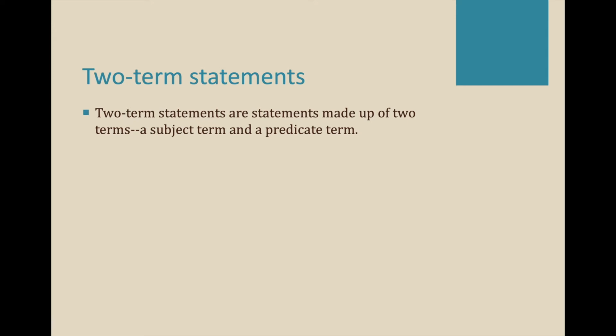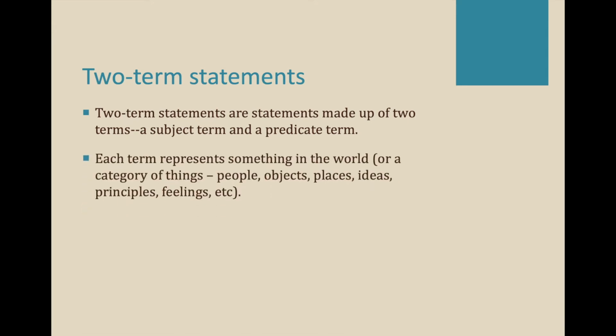And so we would make a judgment then about whether that two-term statement was true or false. But at this point, just focus on the fact that a two-term statement is a statement made up of two terms, a subject term and a predicate term.